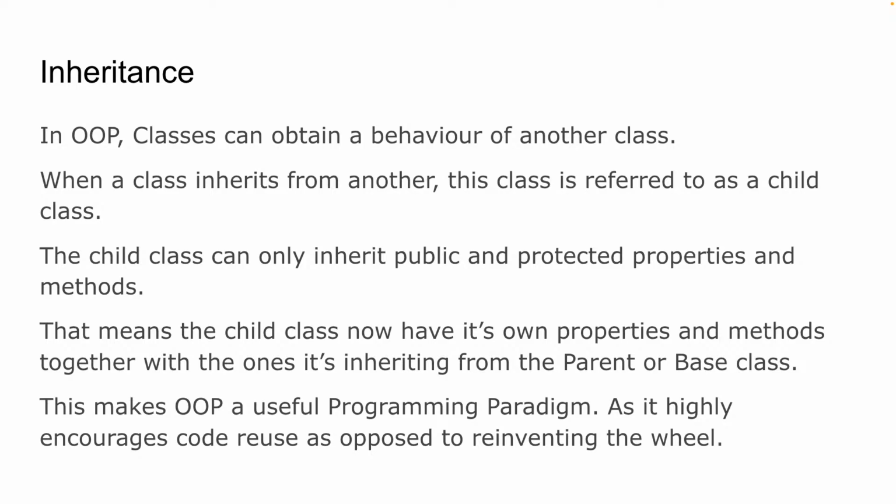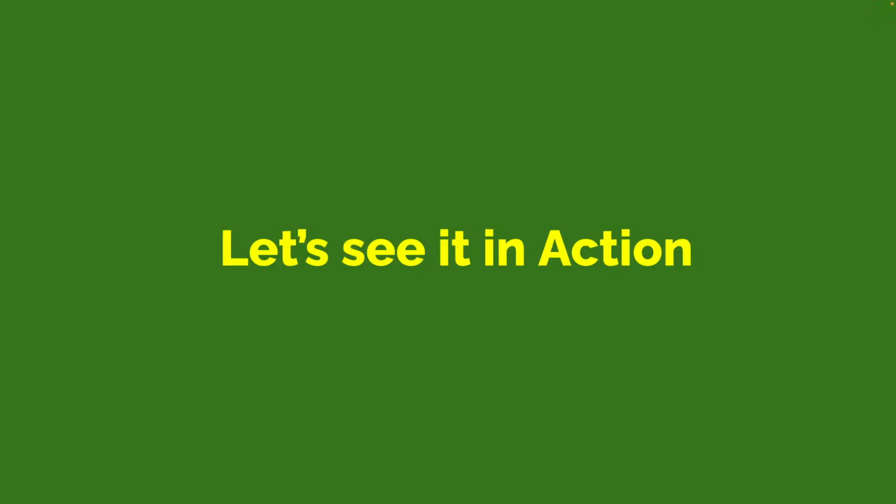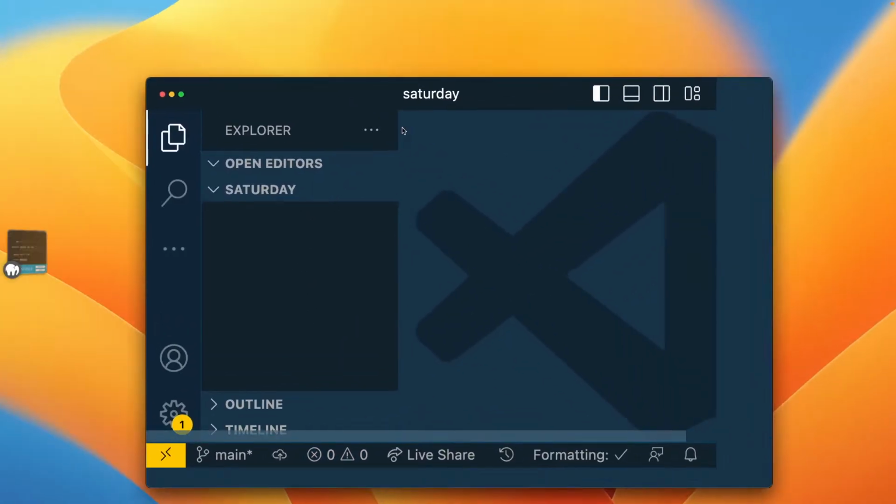So having looked at that, we can now see how inheritance is implemented in the real world. So we shall go to VS Code and pick it up from there.